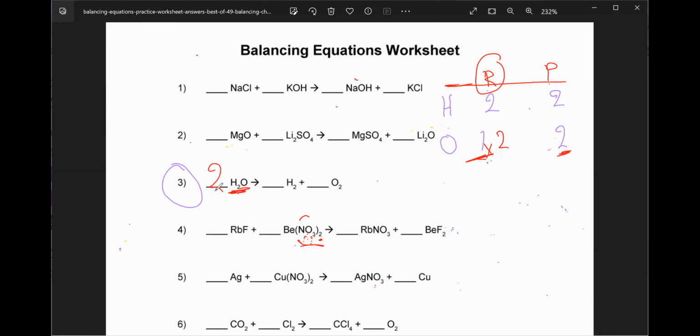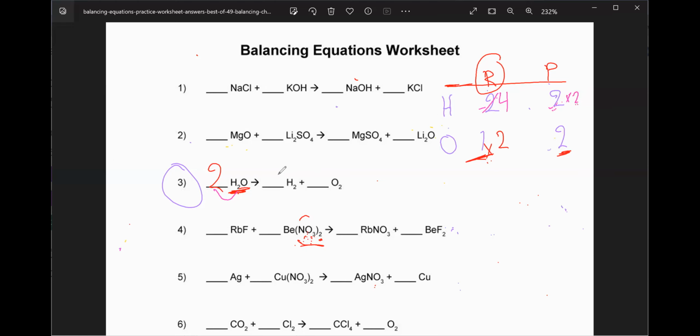How many hydrogen do I have? 4. So this is now 4. How on the product side? 2. So what do I have to do? Multiply by 2.